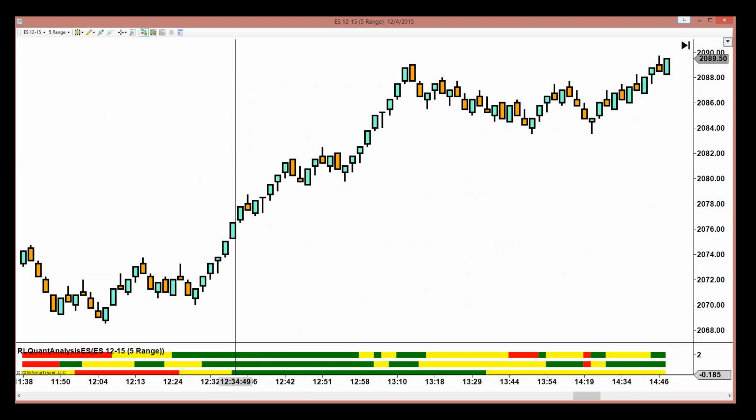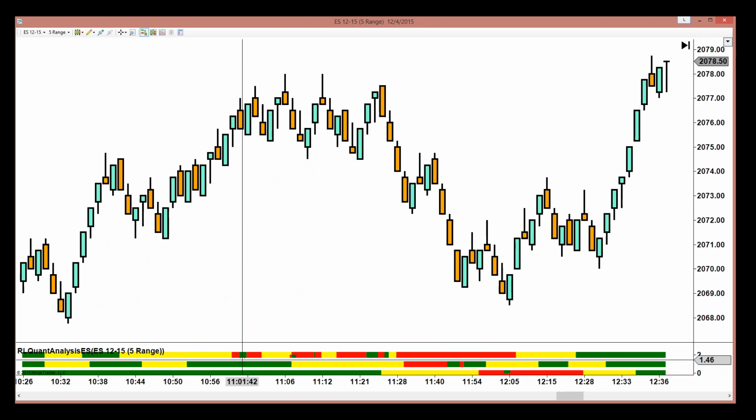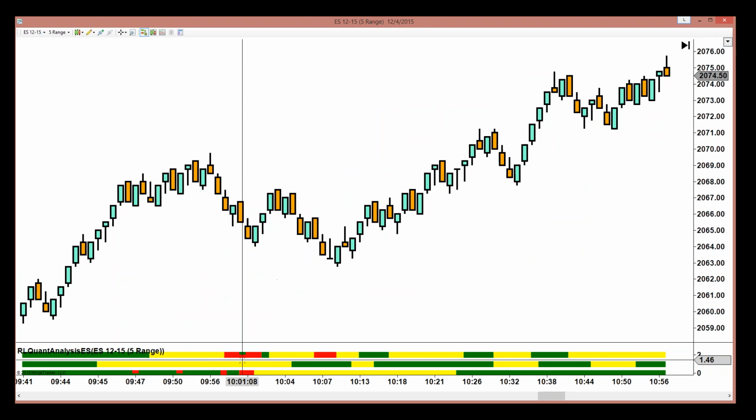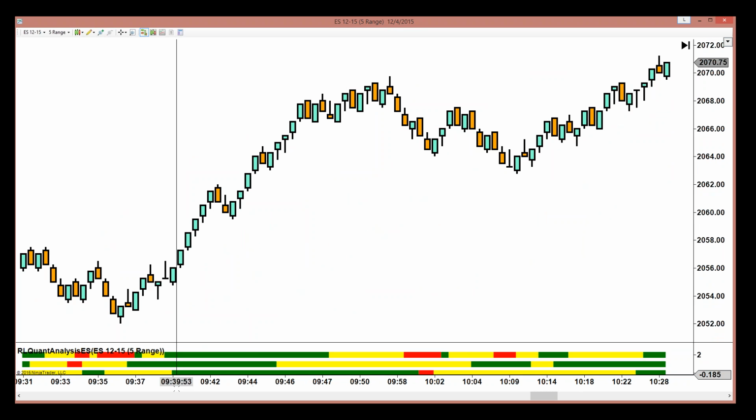When you get triple quant lines, you have a very, very high probability, or the predictive value of a long move is extremely strong.